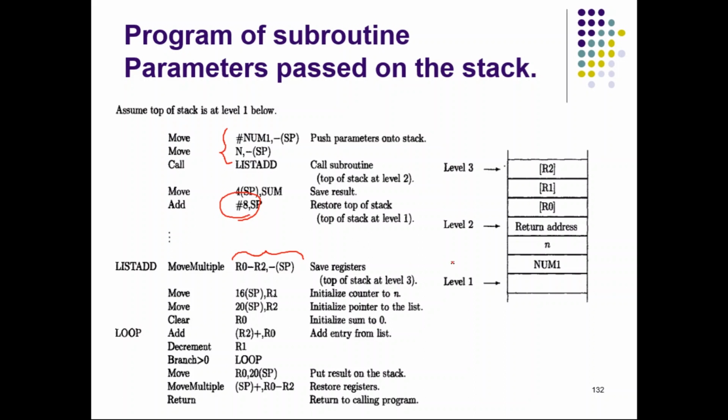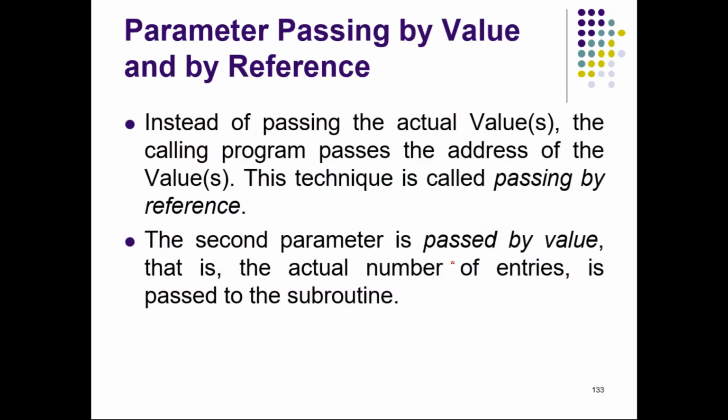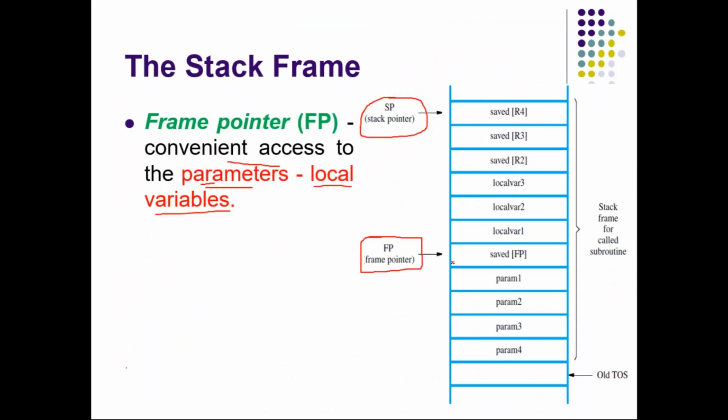Now the fourth case we are discussing is when there is a nested call. When there is a nested call, each call will push the parameters, and also the local variables, and also the return address into the stack. So now the stack size will keep growing and the stack pointer will keep pointing to the topmost element. To manage things in an easier, more convenient way, we are introducing another pointer.